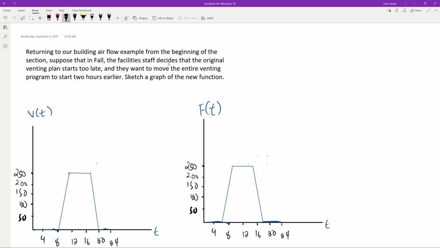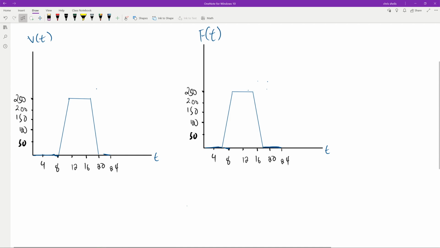So instead of starting at 8 a.m., this starts at 6 a.m. And then instead of ending at 8 p.m., it ends at 6 p.m. So I called this new function f of t. If I compare the values between these, notice that, say, v of 8 is f of 6 here.